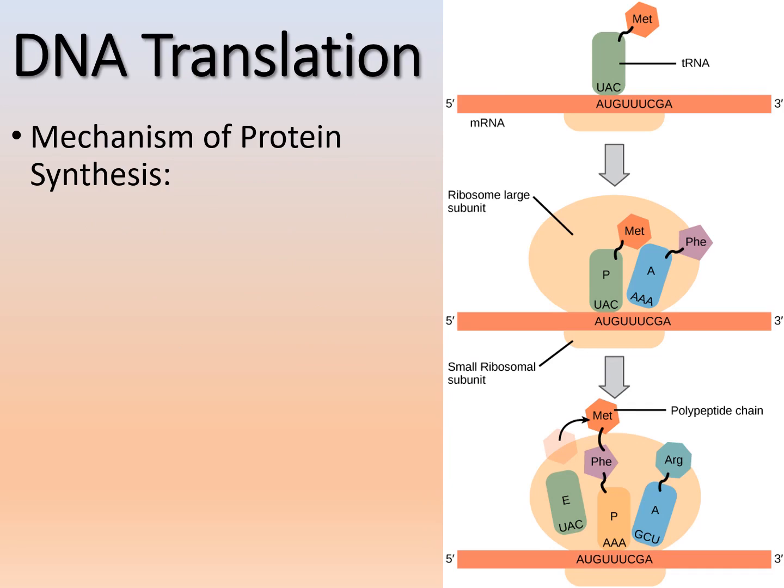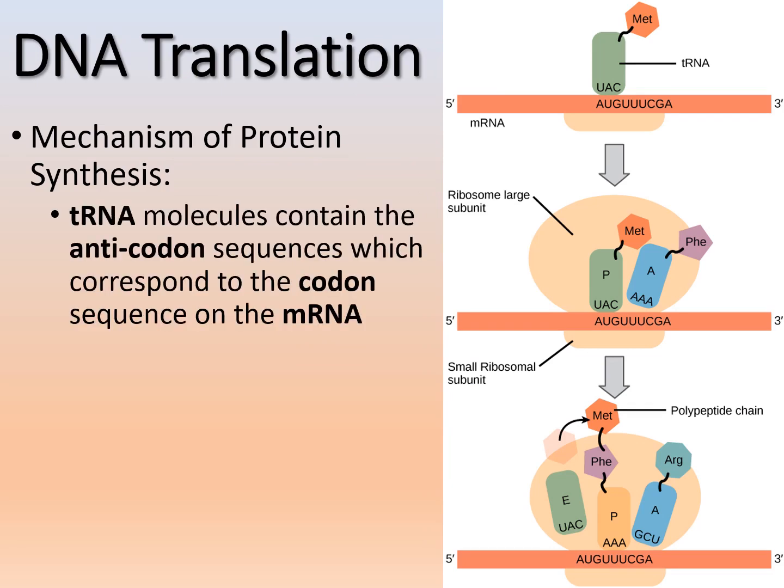So what is the actual mechanism of protein synthesis? And again, I think the video is going to really help understanding this process, okay? So what happens is we have these tRNA molecules that are going to come into the ribosome. They're going to contain an anticodon sequence, which is essentially the corresponding sequence to our codon.